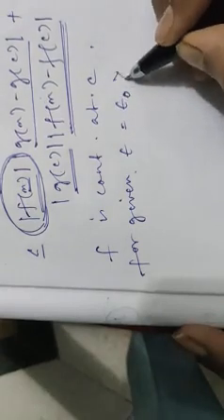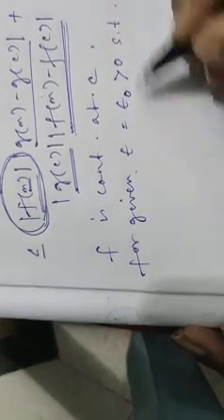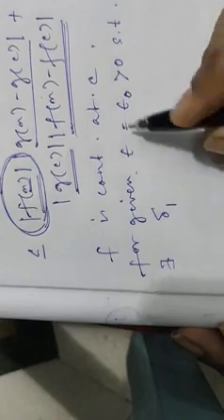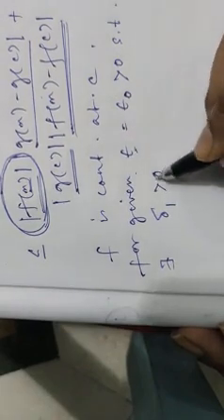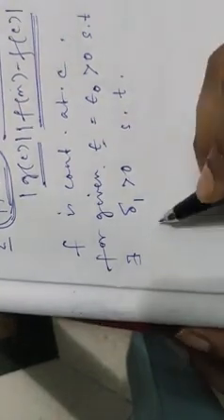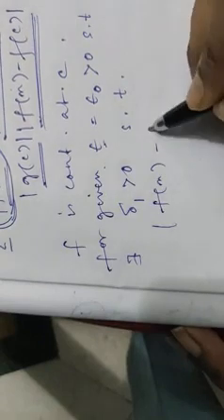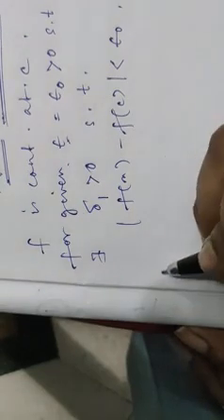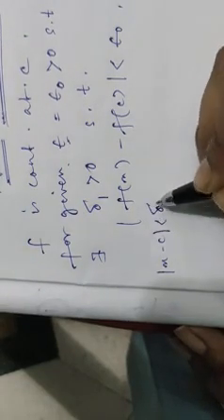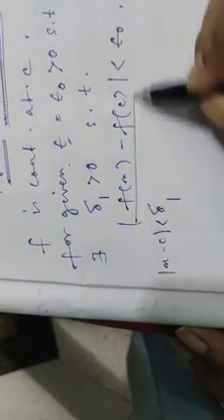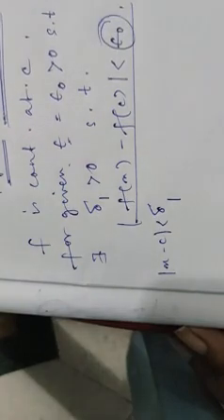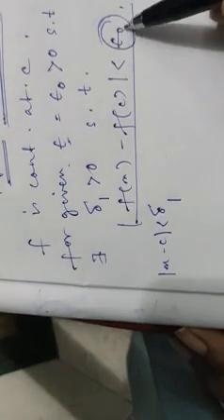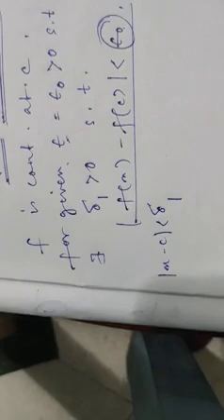For given epsilon naught greater than 0, there exists some delta 1 depending on that epsilon, which is also greater than 0, such that modulus of f(x) minus f(c) is less than epsilon naught whenever mod x minus c is less than delta 1. Here we are choosing a particular value of epsilon, which is epsilon naught. We can do this because epsilon is already pre-assigned and given. We can choose it by our own preferences.